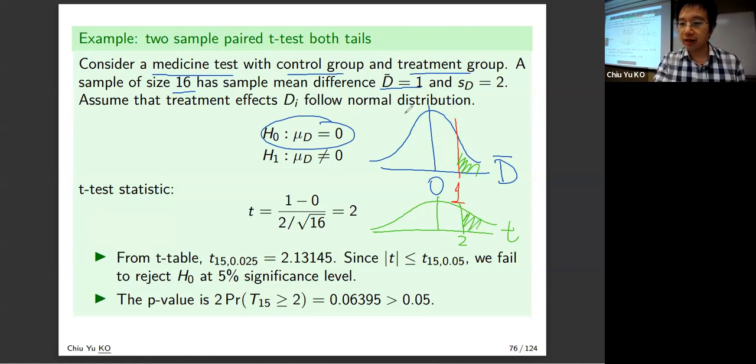We ask whether this area multiplied by 2 is more than alpha. And it turns out that we fail to reject in this case. It's 6%. So we're saying we can't say whether having a girlfriend actually changes the GPA. Maybe it's the same, then maybe consider cost and benefit of having a girlfriend, and so on and so forth.